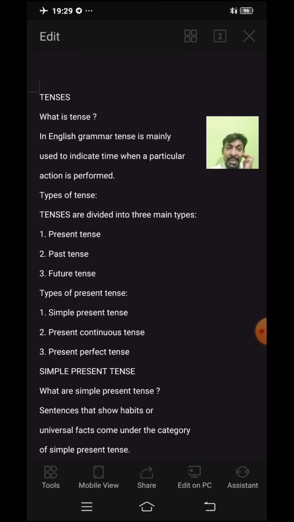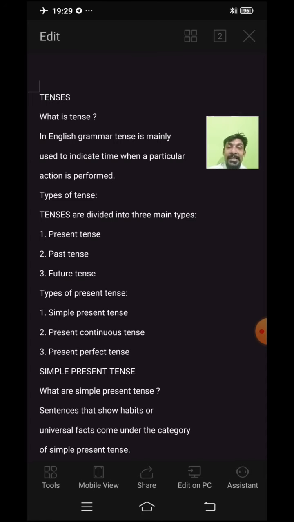Each and every living being performs some or the other action for the whole day. And the action that he or she is performing for the whole day is performed at a particular time, which is referred by the help of tense. So this was the simple meaning.